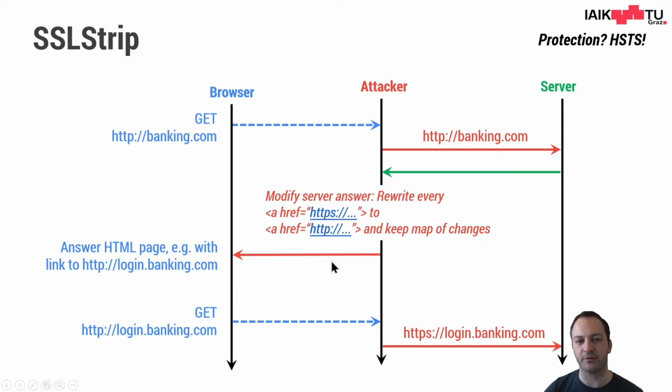So the idea is that whatever website the client would try to visit, he would remain on the HTTP version. So he'd never actually get to the TLS version. In other words, the attacker doesn't have to interfere with TLS, doesn't have to break or exploit anything there, because the communication remains on HTTP.